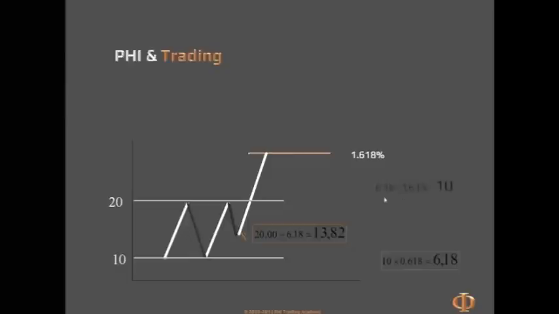It's 6.18 times 1.618, which equals 10. 13.82 plus 10. The most probable level for him to take his profit is 23.82. If he doesn't take the profit there, the next probable levels are the 261 and the 423.6 of the movement.